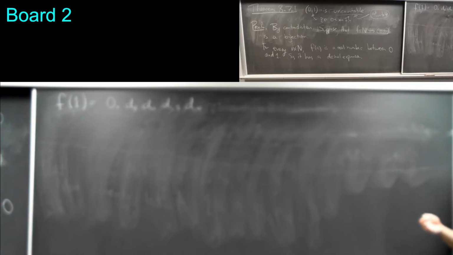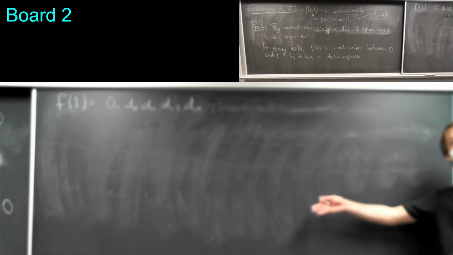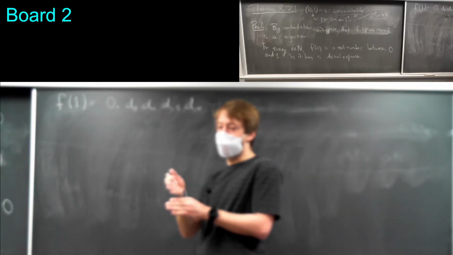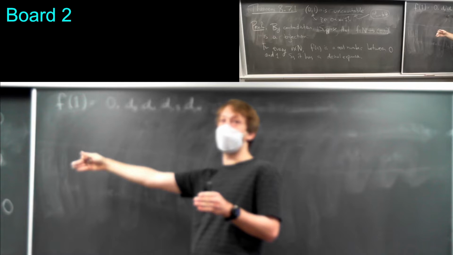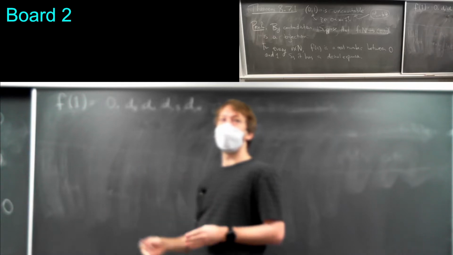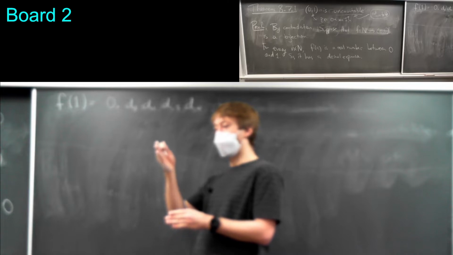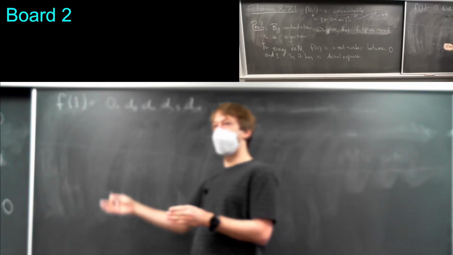By the way, some numbers have a finite decimal expansion, like 0.5. But if you have 0.5, you can always write it as 0.5, 0, 0, 0, off to infinity. So really, you can always write an infinite decimal expansion for any number between 0 and 1. If it's 0.3, you write 0.3, 0, 0, 0, off to infinity.